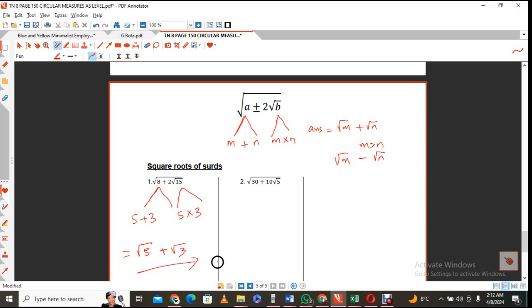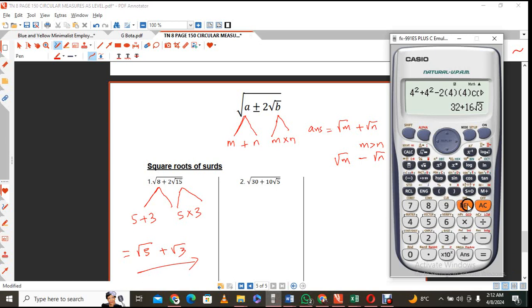There you're done. You can actually go ahead and check. Suppose I put the square root of 8 plus 2 root 15. That answer is 3.96811. Remember that answer? If I take the square root of 5 and add the square root of 3, I will get the same answer.